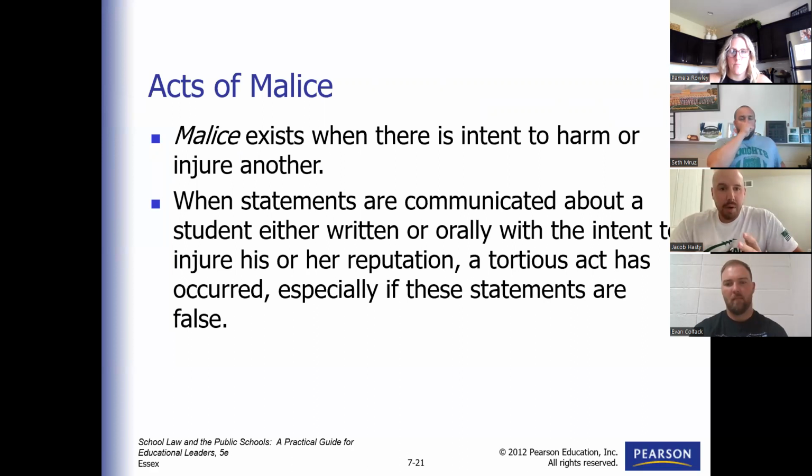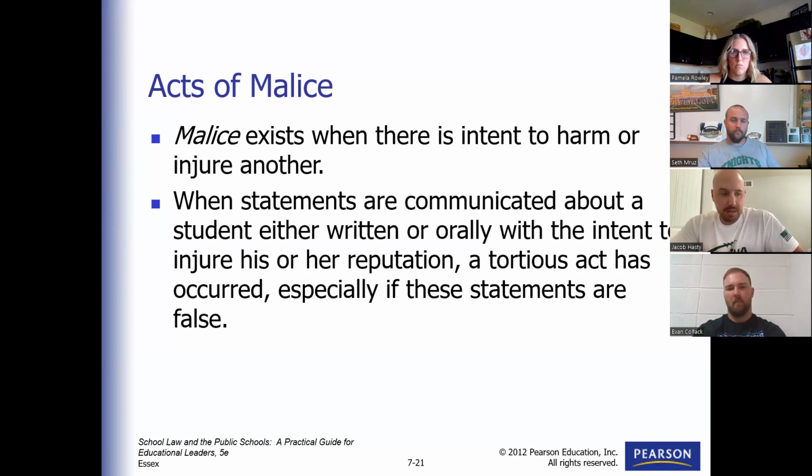So we'll wrap up with acts of malice. There are two different types of malice: actual malice and implied malice. The main thing that malice deals with is you have to look at the intent. Was there intent there or was there not? So was there intent to harm or injure another person?